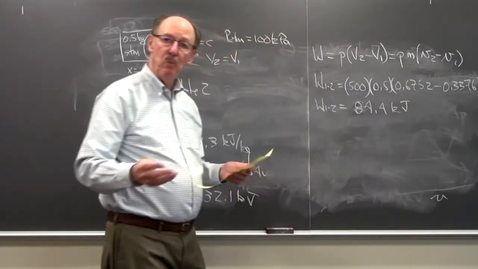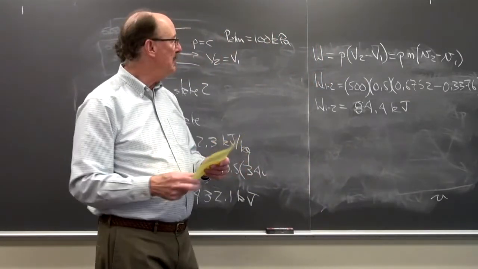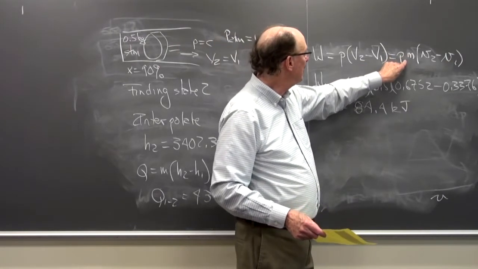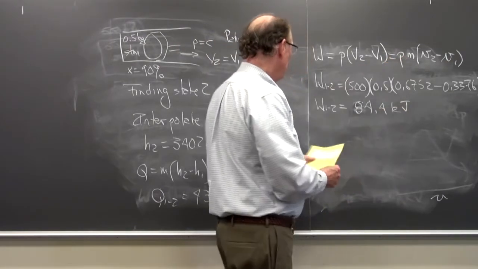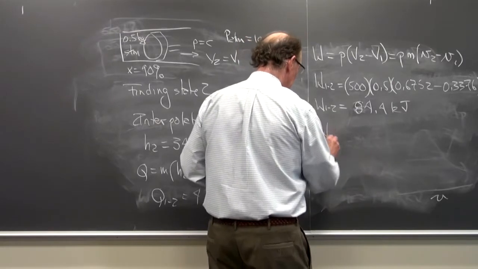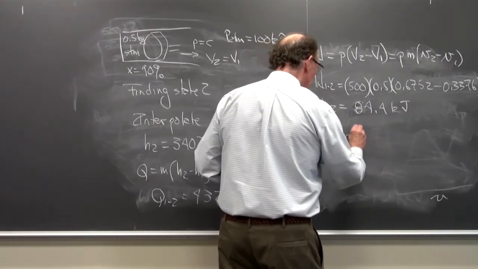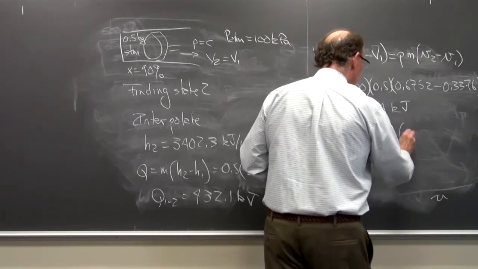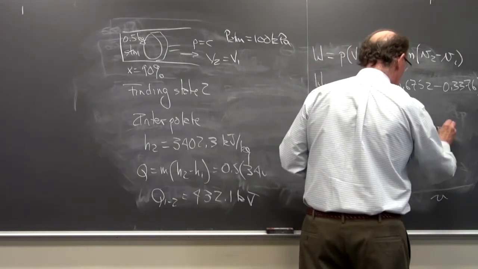So we have the work, and now we'll find the work against the surroundings. The pressure of the surroundings here is just P atmosphere. So the work against the surroundings is P atmosphere times M times V2 minus V1.